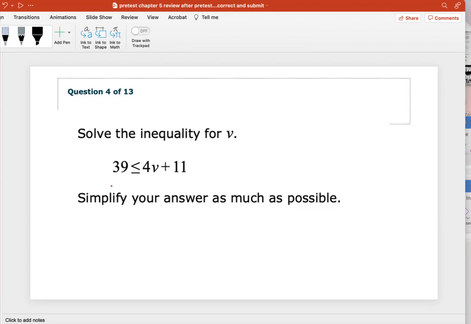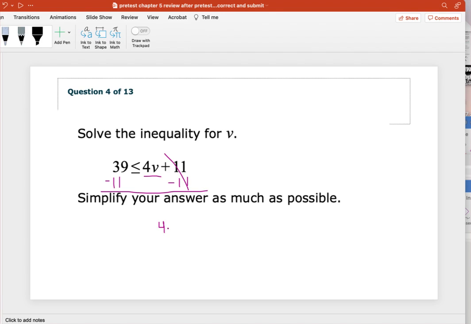Question 4. Solve the inequality for V. All right, so here's my V term. I want to get that by itself. So we're going to subtract the 11 and subtract the 11 from the other side. Now your book calls that the subtraction property of equality. Here's your 11's going out.